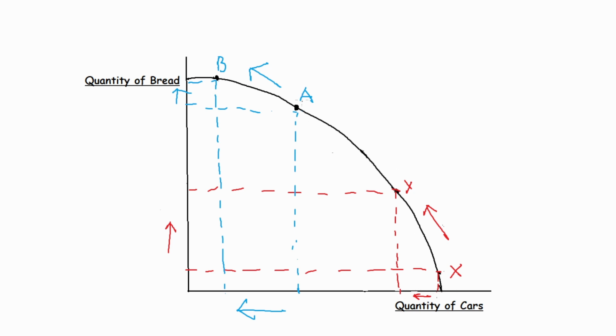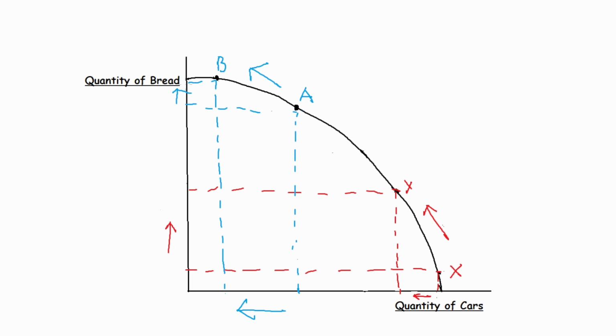Whereas moving from point A to B, as we reach the extreme level of production of bread, the economy has to give up a lot of cars to only produce a little bit more bread. This is because you can imagine that at this point, all the economy's resources are being utilized to produce bread.